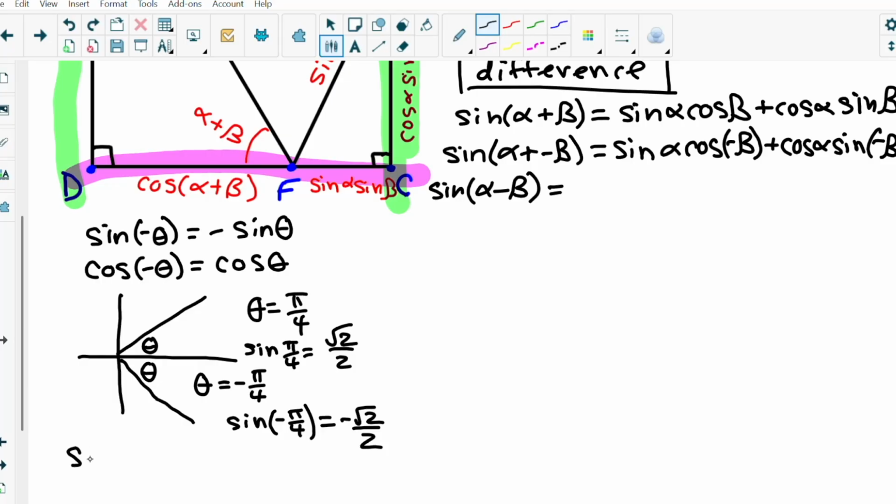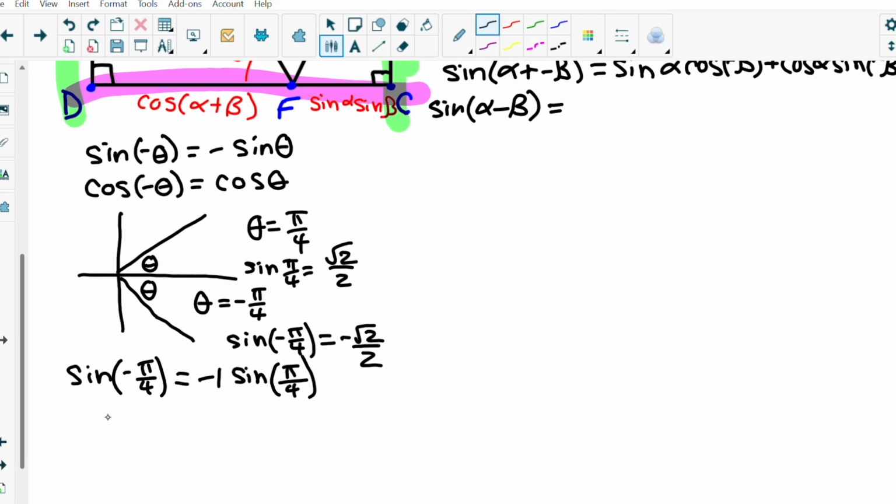Okay, so if I line this up, if I say the sine of negative pi over 4 equals, well, I have to adjust the positive version of the angle, sine of pi over 4, by negative 1 so that it's true. Let's take a look. Sine of negative pi over 4 we said is negative square root of 2 over 2, equals negative 1 times sine of pi over 4, square root of 2 over 2.